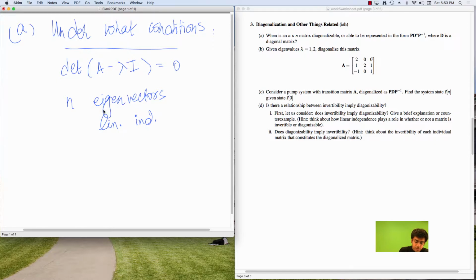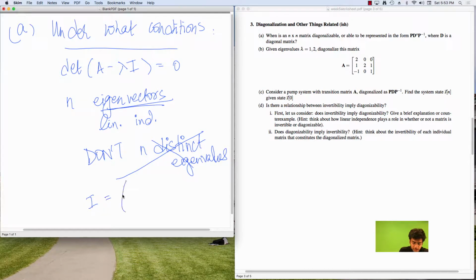Now, what is key to note is you need n eigenvectors which are linearly independent. You don't need n distinct eigenvalues. So the most common example of this is the identity matrix, right? If you think of the identity matrix, you can see right off the diagonal that its eigenvalues are all 1.